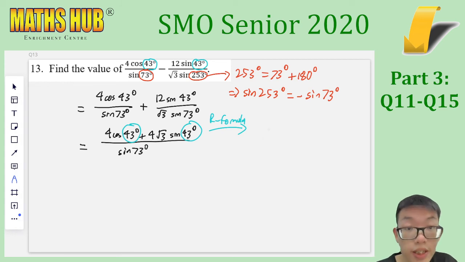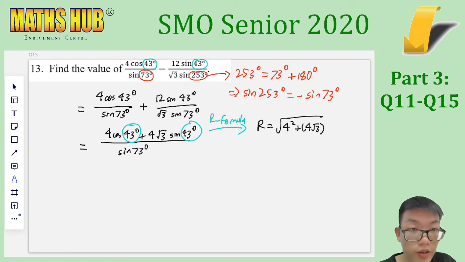If we combine them together using the R formula, R would be the square root of 4 squared plus 4 root 3 squared. This is 16, this is 48, and so the overall value is 8. Now for those of you who didn't learn it as the R formula, R just really represents the range, so the maximum and minimum value.